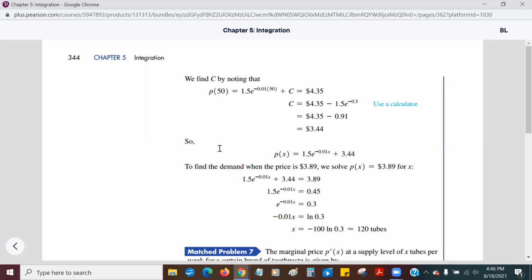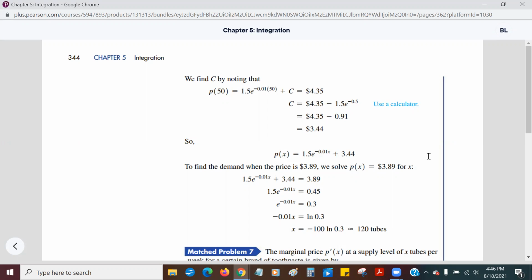Now that means p of x is equal to 1.5 e to the negative 0.01x plus 3.44. Once I have this new equation, I've solved for c. So I needed that second to last question to get the very last question, because the second to last question helped me solve for c. Now that I know what c is, I know the entire formula, whatever you want to call it.